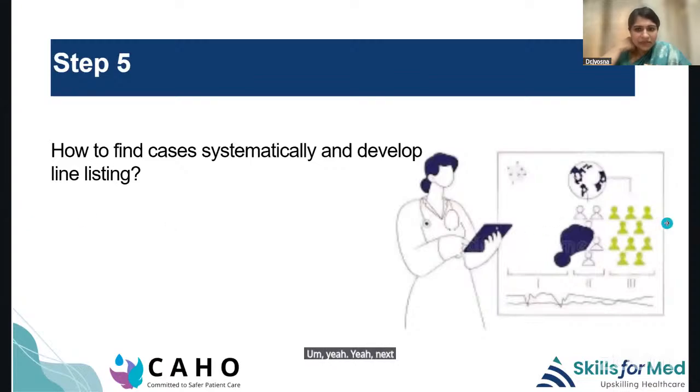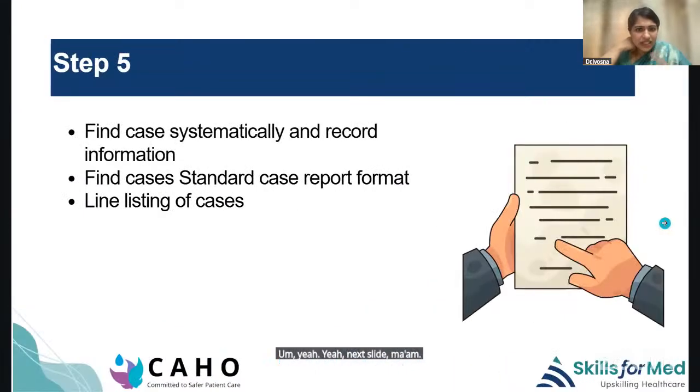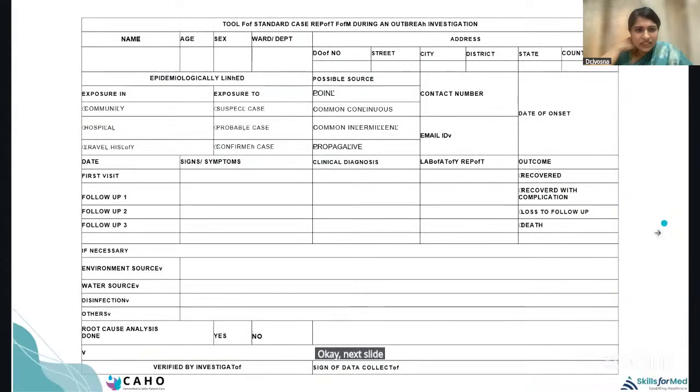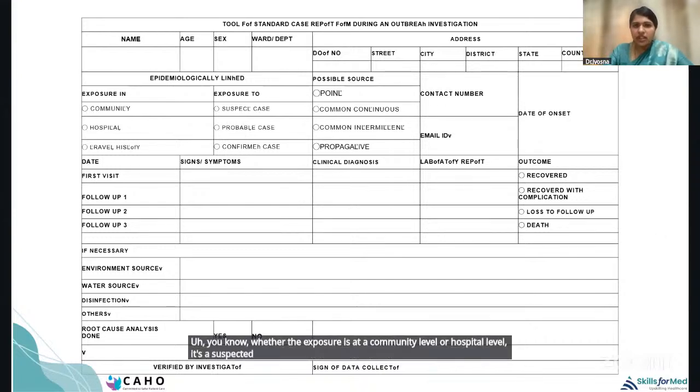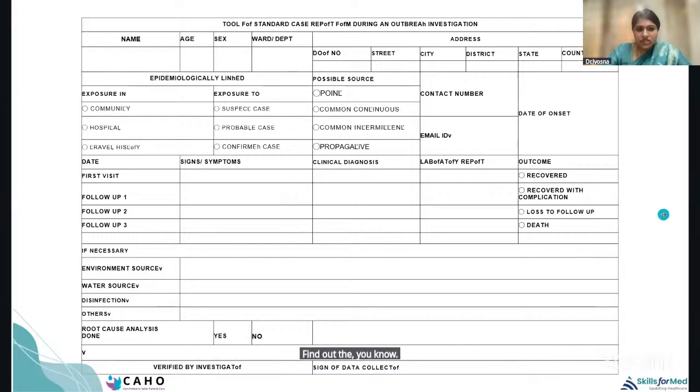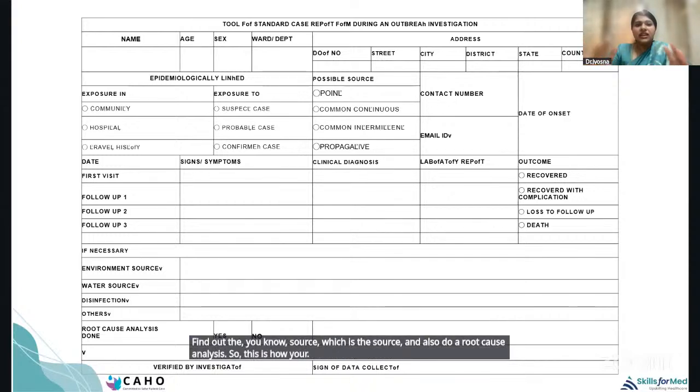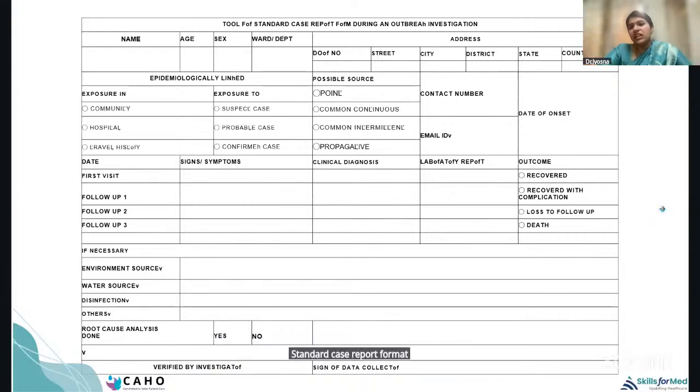So this is a standard case report format where you basically see whether the exposure is at a community level or hospital level, it's a suspected, probable or a confirmed case, what is the source of the outbreak, and then you follow up the particular case, find out the source, and also do a root cause analysis. So this is how your standard case report format for investigating an outbreak should be, right?